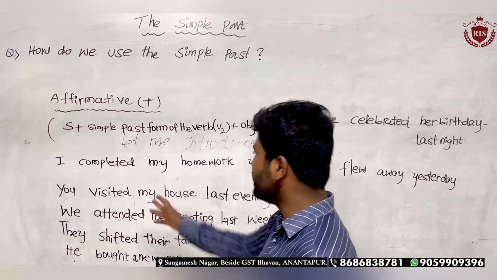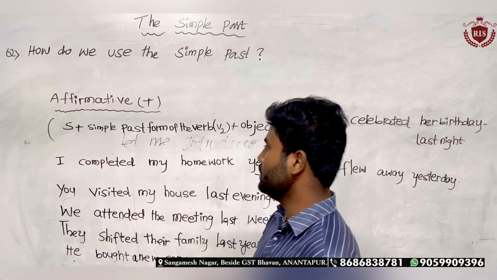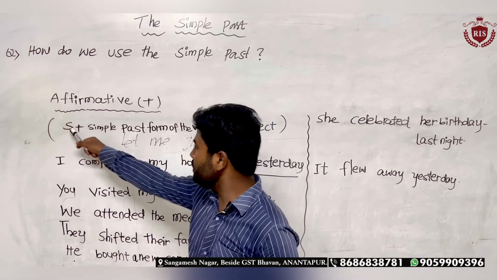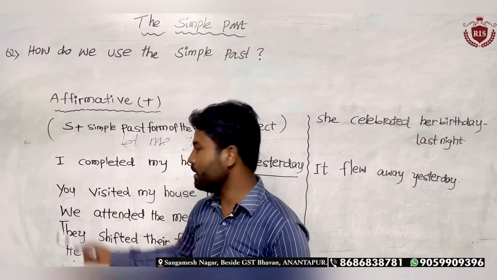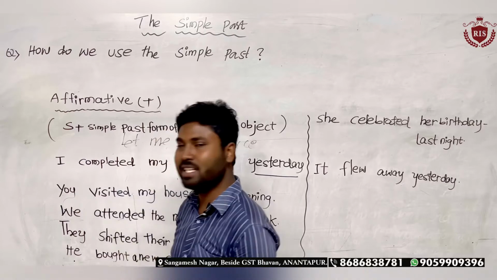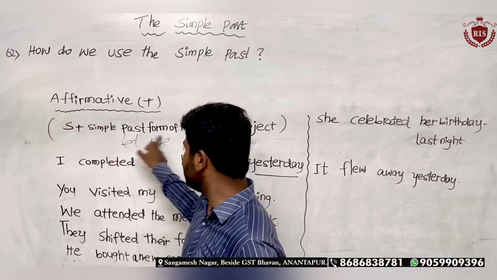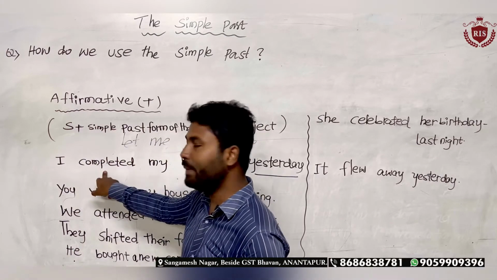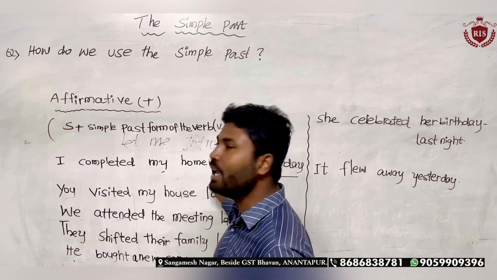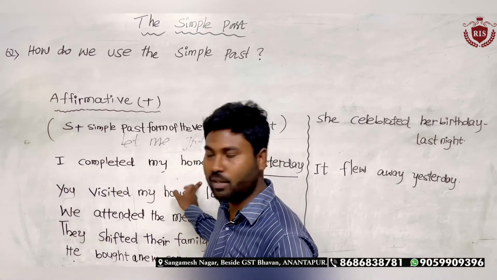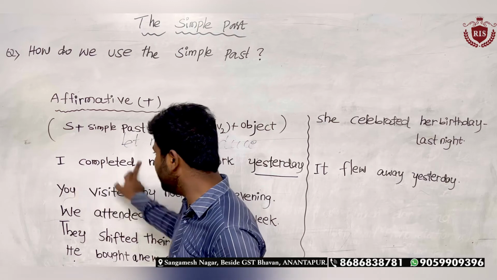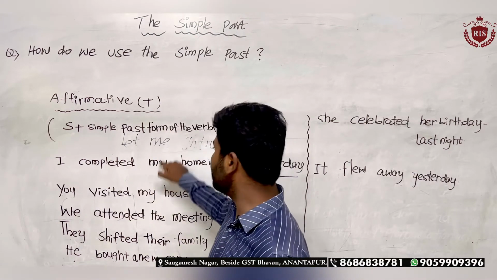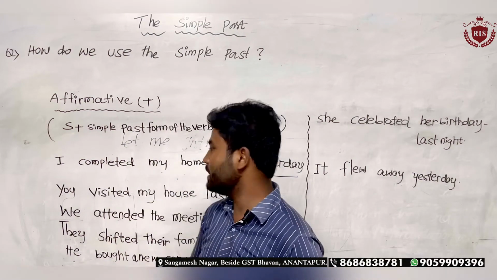The first sentence is: I completed my homework. Here, the subject is I, and we have taken the pronoun I as the subject. After the subject, the simple past form of the verb is completed, and afterwards, my homework, the object, we have used. It's very simple: subject, then V2, then object. As per this formula, it is in the sentence.